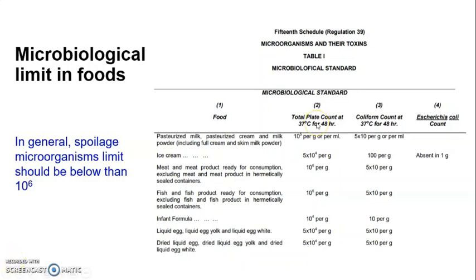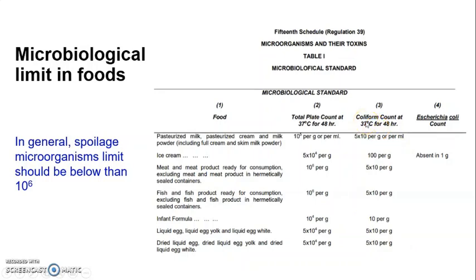When we talk about spoilage microorganisms, they are represented in this column here. We allow them to grow in high numbers, however not exceeding 10 to the 6. Another column represents the coliform count. So what is coliform?